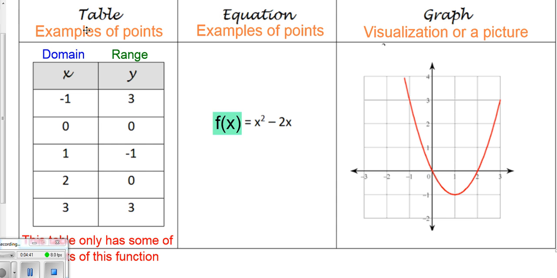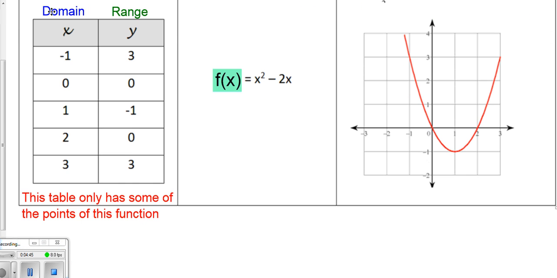But sometimes the table won't show absolutely everything. Remember, in this table our x values are our domain and our y values are our range, and it's important to remember this table has only some of the points of the function. All three of these, the table, the equation and the graph, are trying to show the same exact function.